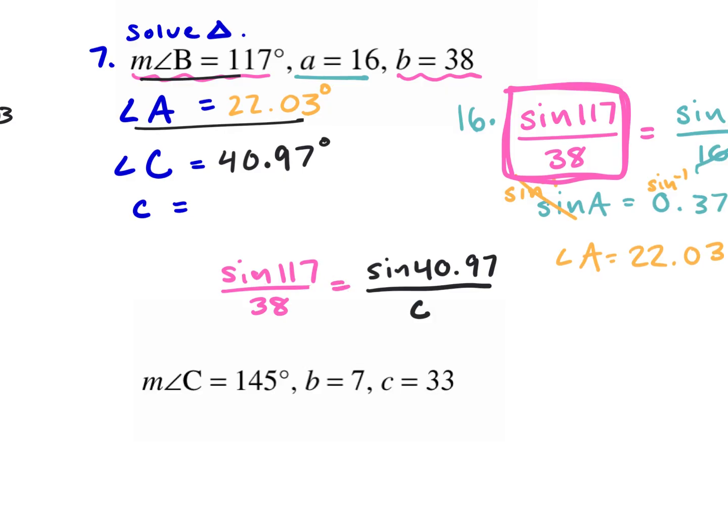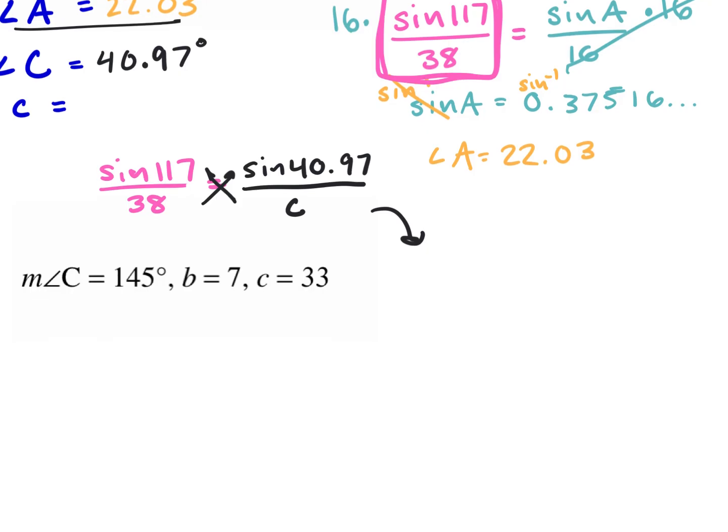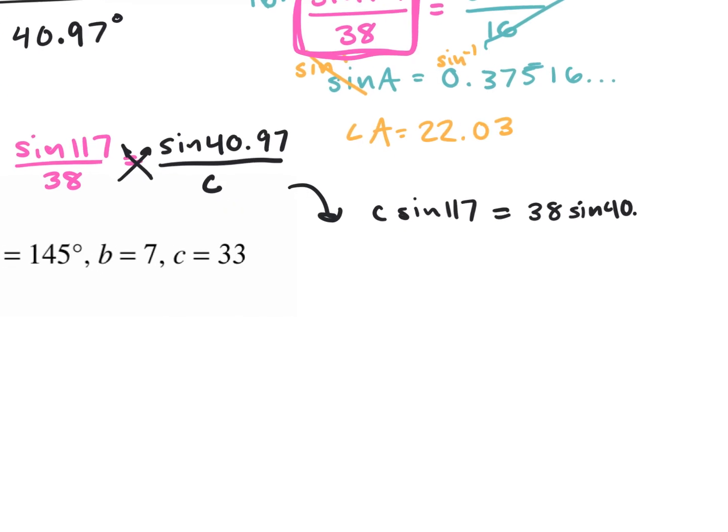So we can cross multiply here. I'll do the work down here. So we get C times sine of 117 is equal to 38 times sine of 40.97. What do we do next? Divide by sine of 117.